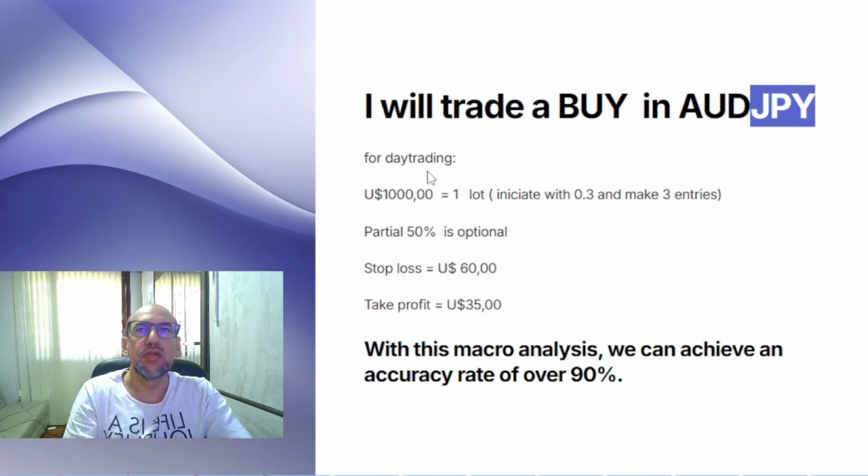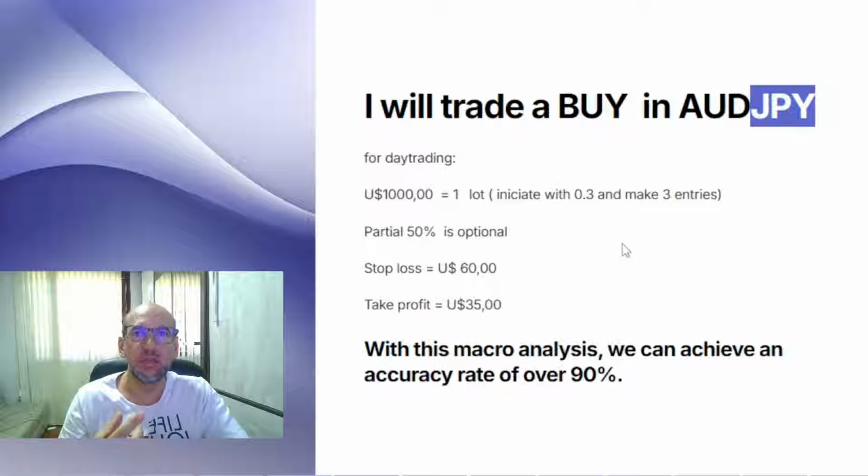For day trading, with a capital of $1,000, I can carry a maximum of one lot, but I will buy making the entries partially, starting with one-third, 0.3 lot. If the price retreats to support, I buy another 0.3, and I can still add another 0.3 to be close to one lot, which is the maximum exposure allowed under my management.